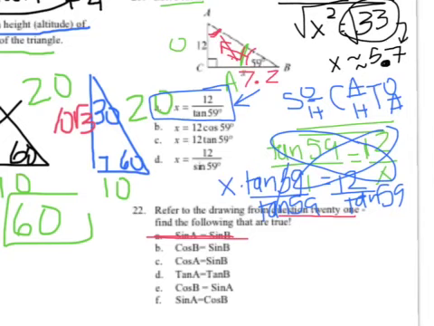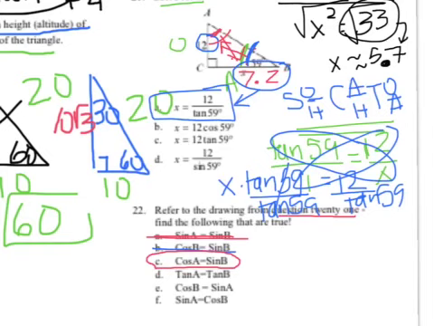The next one says the cosine of B. Well, the cosine of B would be 7.2, and the sine of B would start with a 12 when I'm just doing SOHCAHTOA. So that can't be true. If you look at the diagrams, it is true that the cosine of A and the sine of B are the same because you're going from different angles, and you end up getting the same ratio.